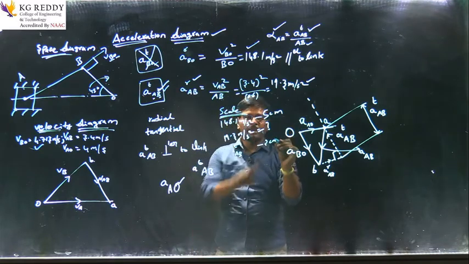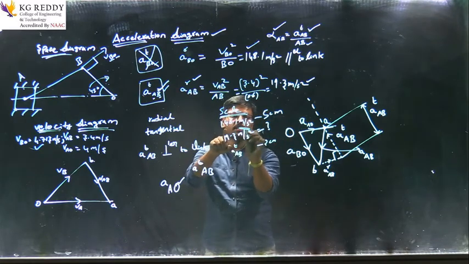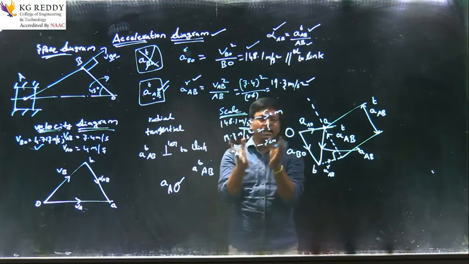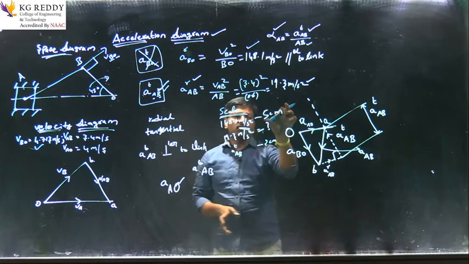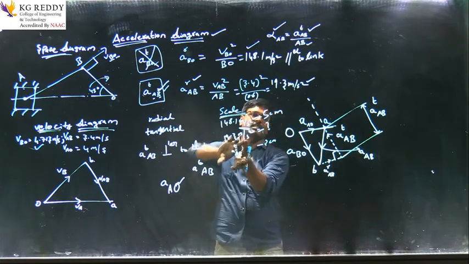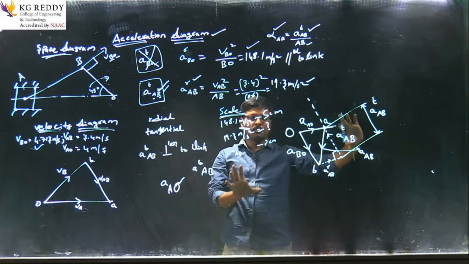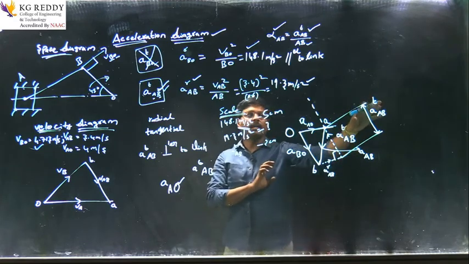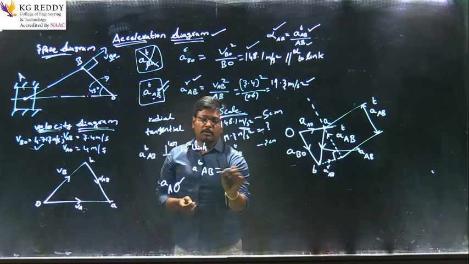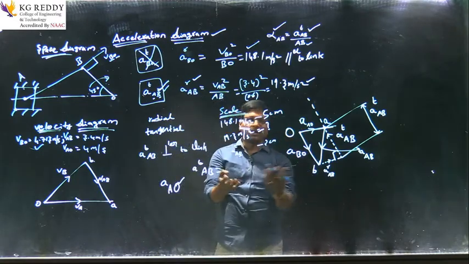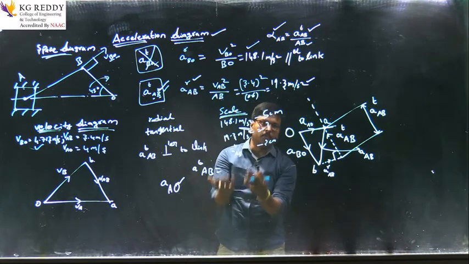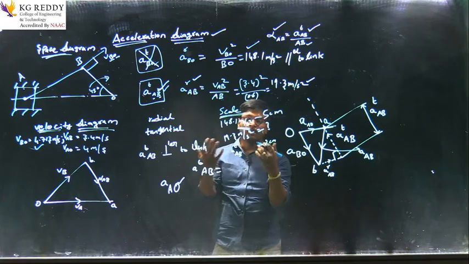So 10 centimeters, again we have to convert into meter per second square. So what we have to do here: meter per second square was converted into centimeters, and again we have to convert centimeters into meter per second square for the unknown term. So we will get this value, it may be 2 or 5 radian per second square, sorry.